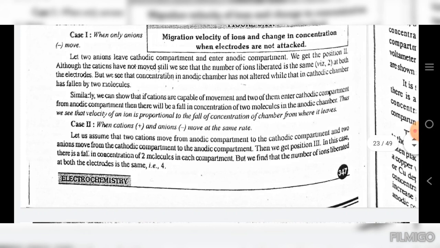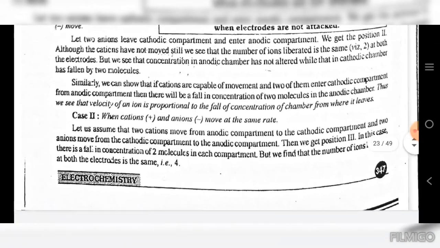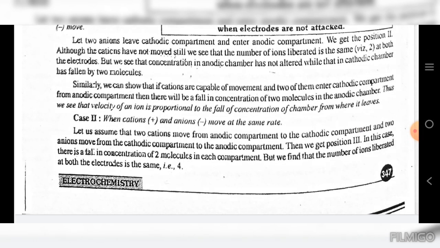Similarly, if cations are capable of movement and two of them enter the cathodic compartment from the anodic compartment, there will be a fall in concentration of two molecules in the anodic chamber. Thus, the velocity of an ion is proportional to the fall of concentration of the chamber from where it leaves.